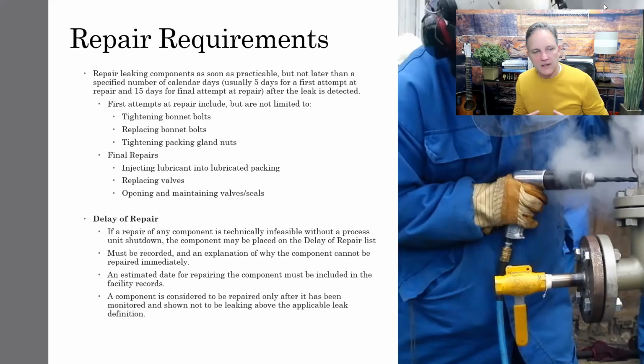And that's called the delay of repair program. Not used all that often, but it does need to be done. Sometimes in order to repair something, you can actually create more emissions from shutting a process unit down than you would otherwise if you are trying to repair some small leak. So that's why these delay of repair provisions are in place.